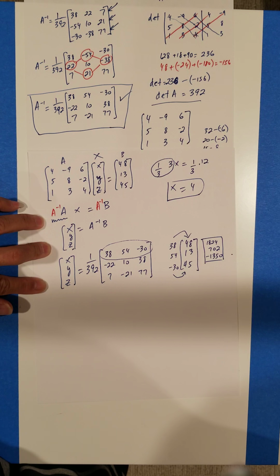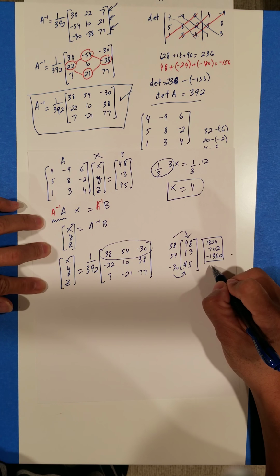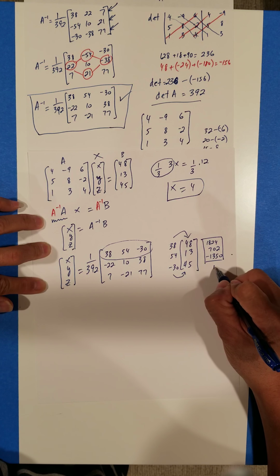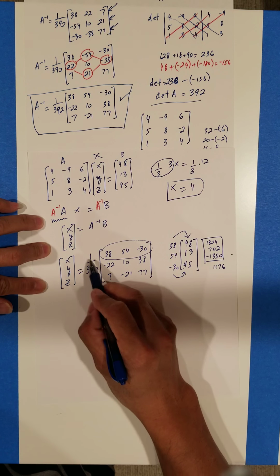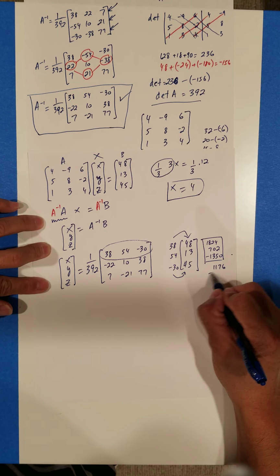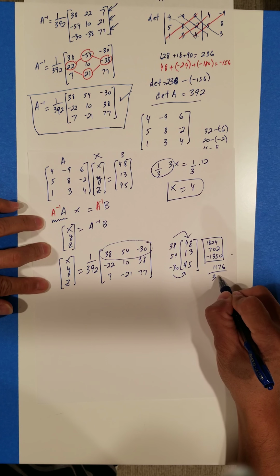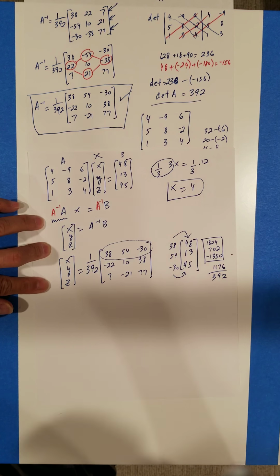Adding these together, I get 1,176. But remember the determinant in front, I have to divide by 392.